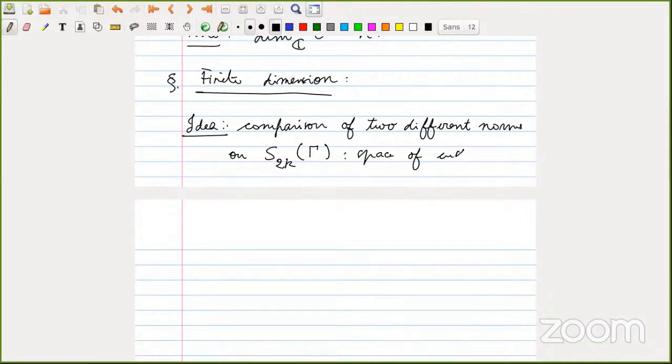This is the notation for the space of cusp forms. I think in Miyake's book, he defines the space of automorphic forms to be the fraction field of the space of modular forms.